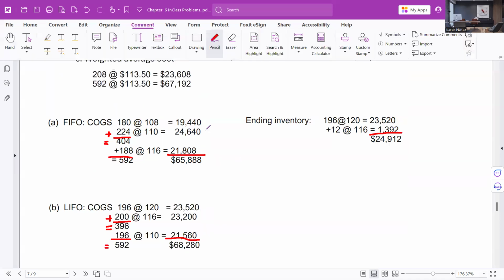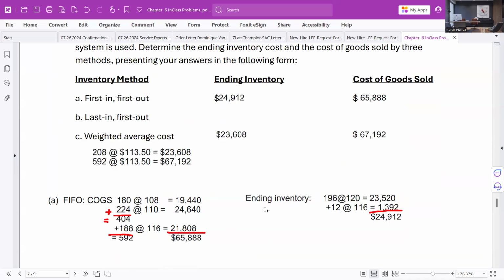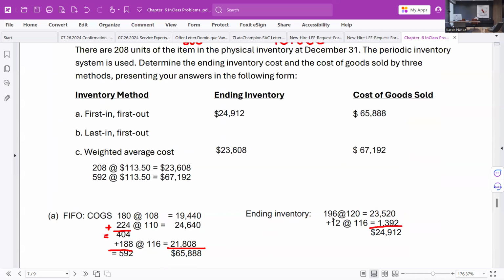The last thing we need here is the ending inventory. We know a total of 208 units.